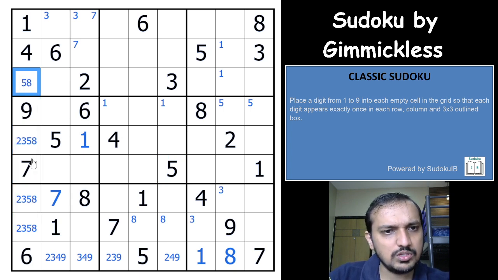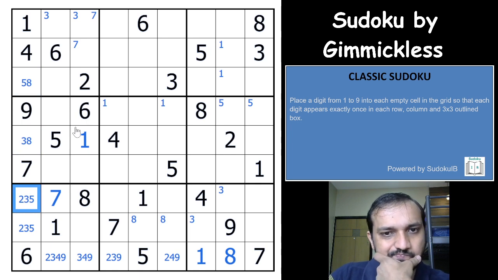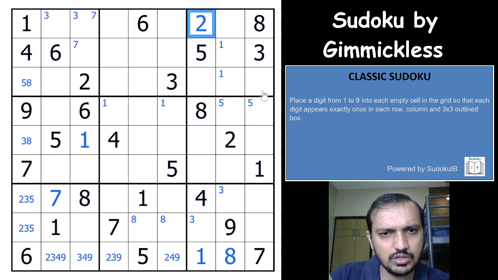So 2 and 3 cannot be here. 2 and 5 cannot be here. 8 cannot be here. 2, 9, and 8. 2 and 9. So 2 is here, and that gives you 2 in one of these two cells.